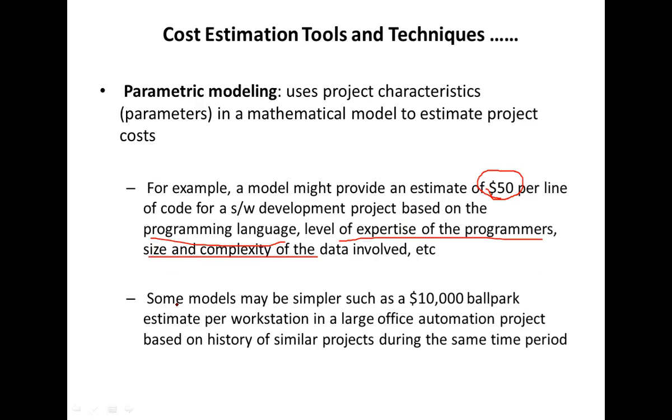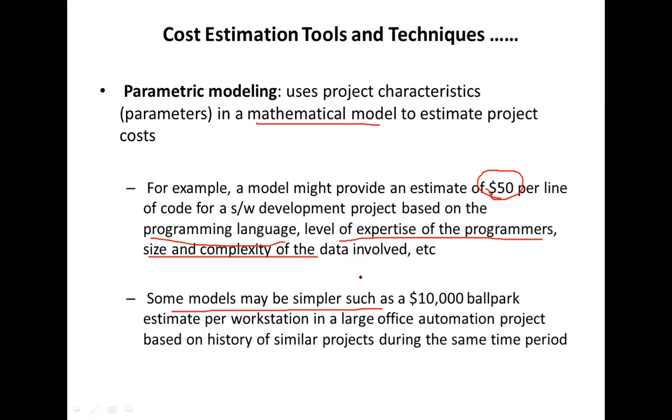Because of this reason, some models may be simpler. In a mathematical model, the more detail you put in, the higher the accuracy becomes. However, sometimes you may use very simple models as well, such as a $10,000 ballpark estimate per workstation.